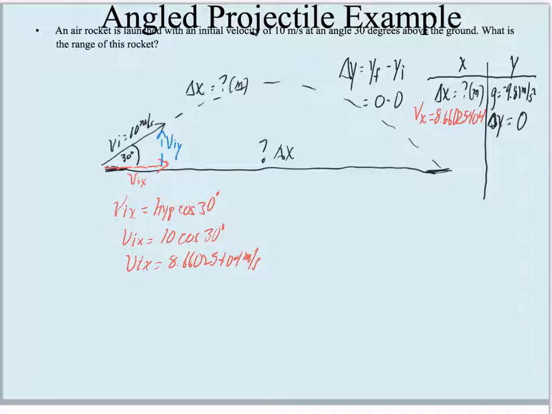Can I find Viy? I sure could. Viy is going to be my hypotenuse. Now again, we're using trig here, so we have to decide on which function to use. Viy is opposite the 30 degrees, so I could use sine of 30.